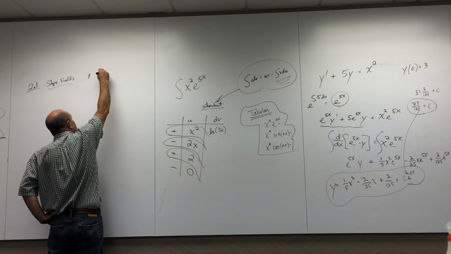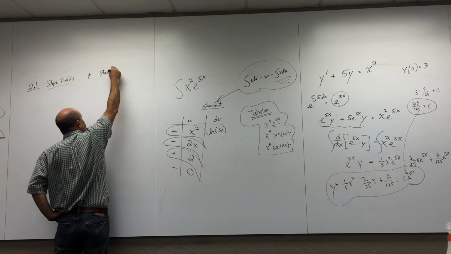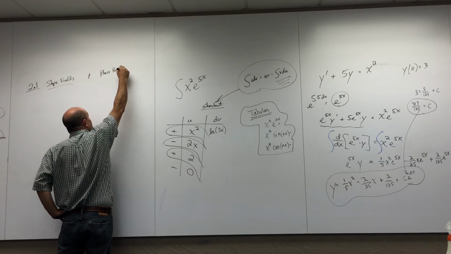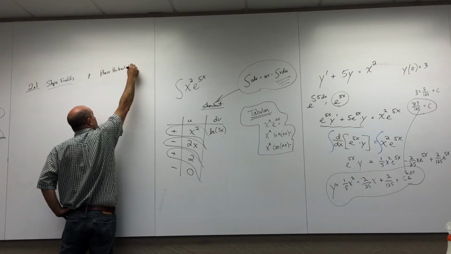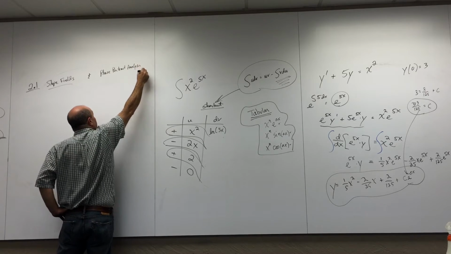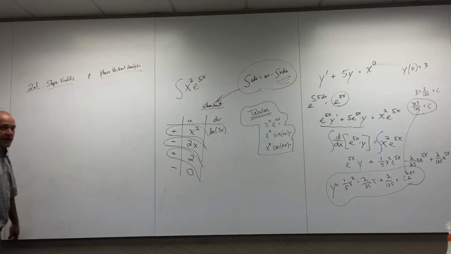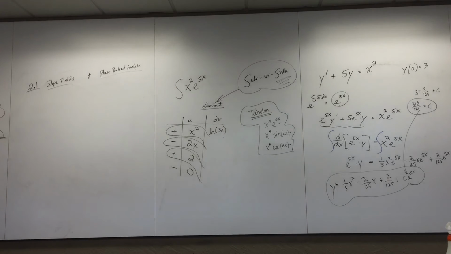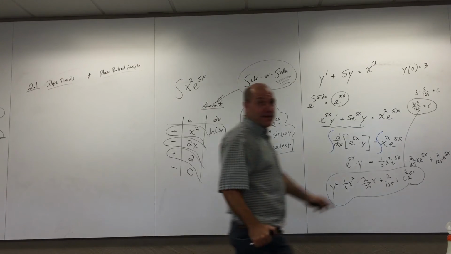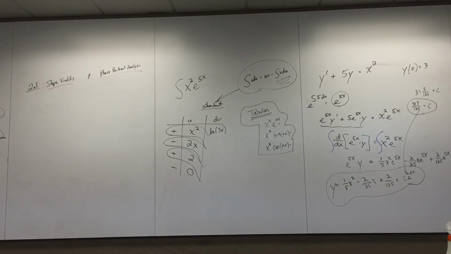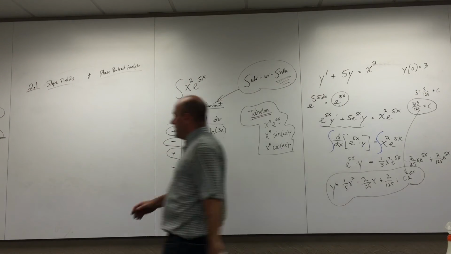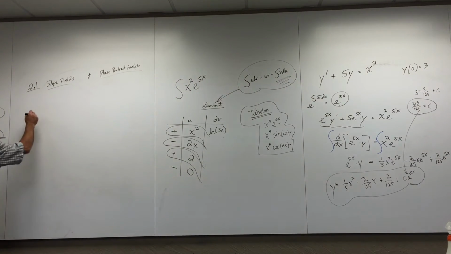The book calls it a phase portrait analysis. That's kind of fun, but it sounds wild. Anyway, there are these two ideas I want to discuss in 2.1, and I might not get to all of them. Check this out. This slope field idea is kind of wild.